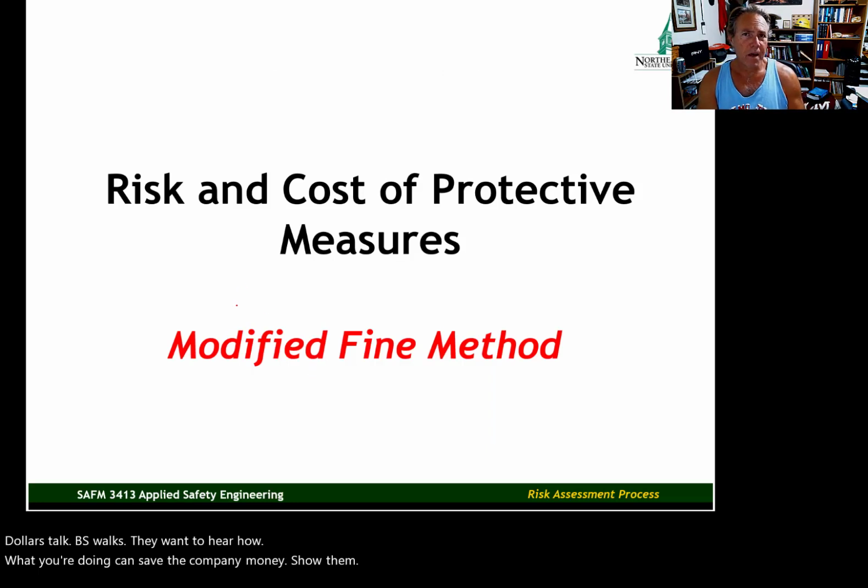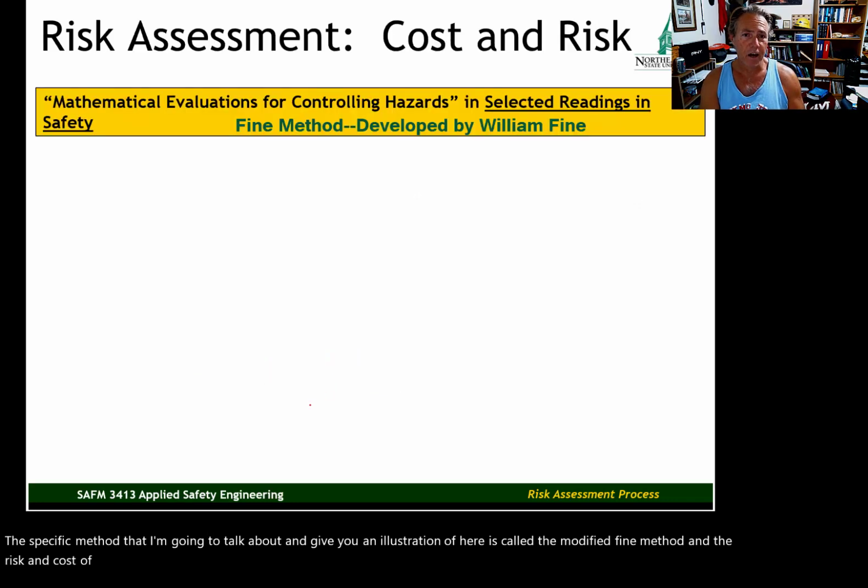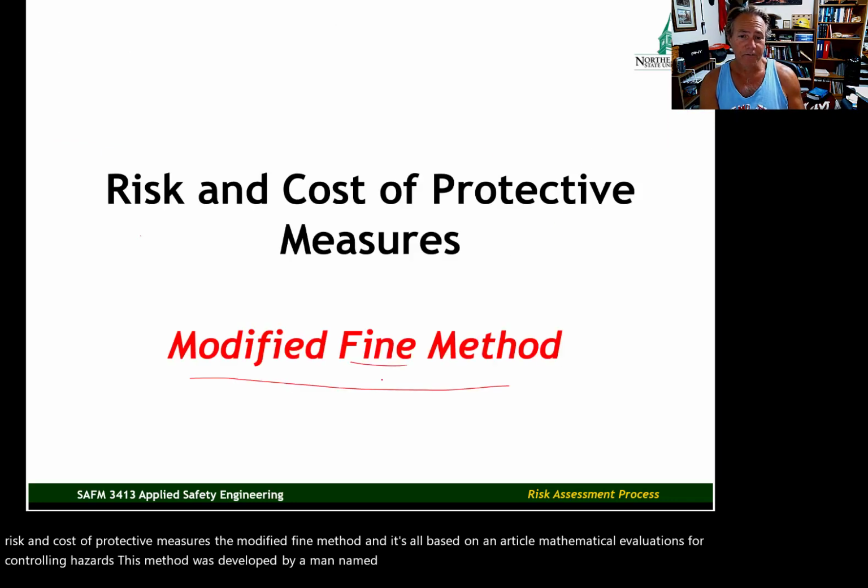The specific method that I'm going to talk about and give you an illustration of here is called the modified Fine method, and the risk and cost of protective measures. It's all based on an article, Mathematical Evaluations for Controlling Hazards. This method was developed by a man named William Fine. That's why it's the Fine method.